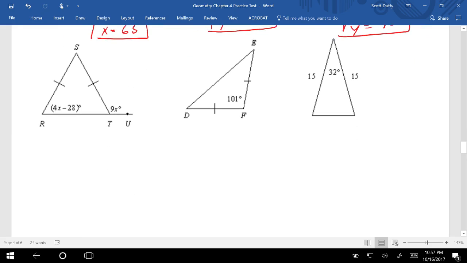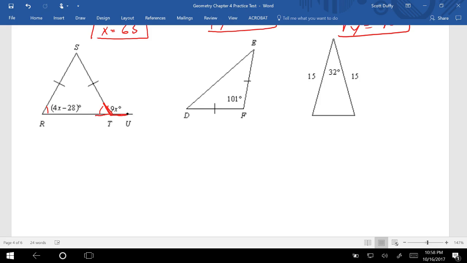Okay, so I know that if this is an isosceles triangle, then this angle and this angle are equal. So this would also be 4x minus 28. And I know that this angle and this angle have to add up to be 180.